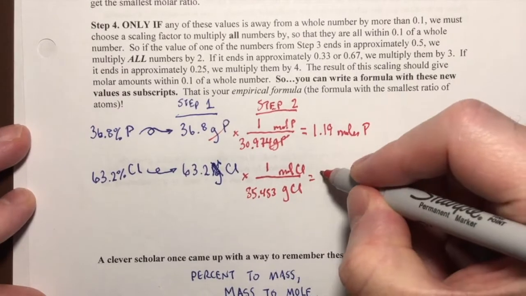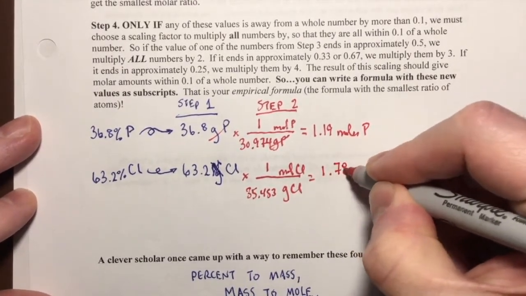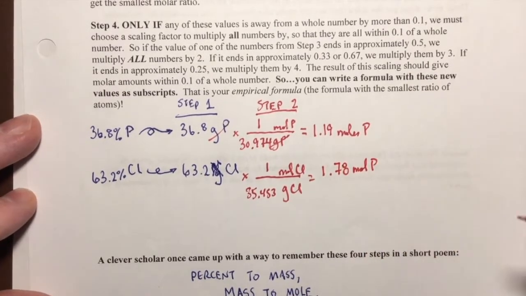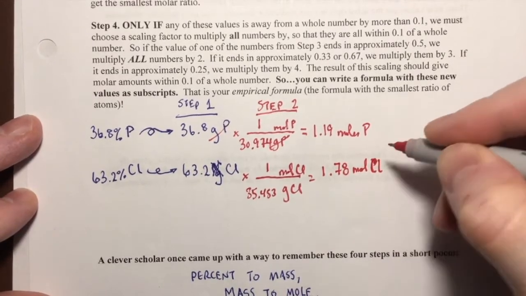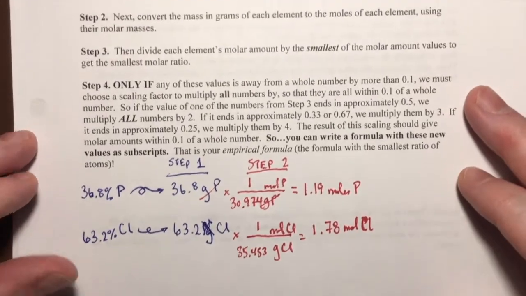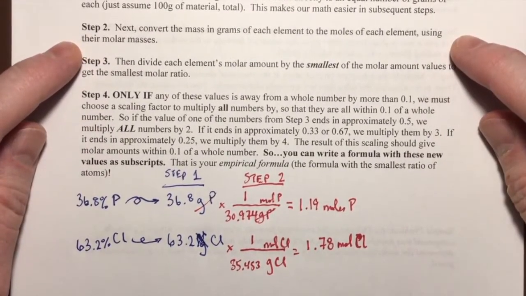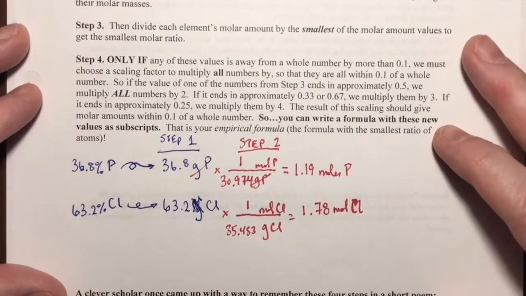And our answer in 3 sig figs is 1.78 moles of chlorine, for goodness sake, of chlorine. And now we're done with step 2. Remember, step 2 said convert the mass in grams of each element to the number of moles using their molar masses, and that's what we've done here.